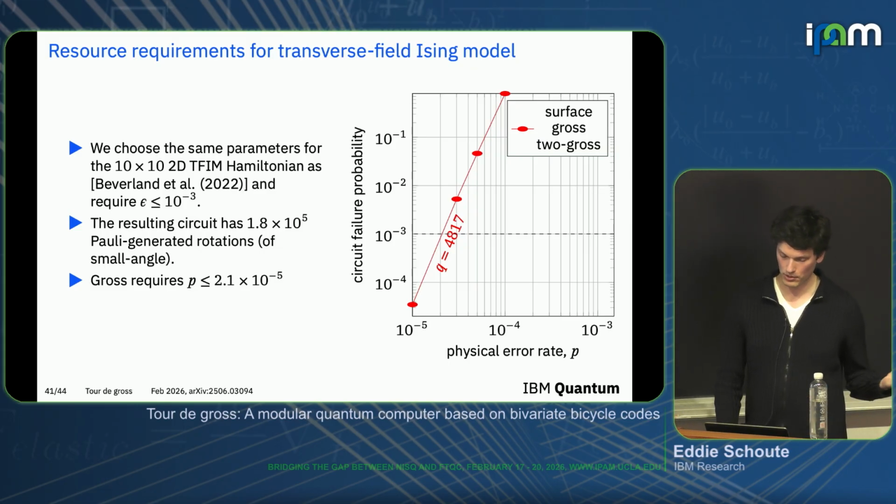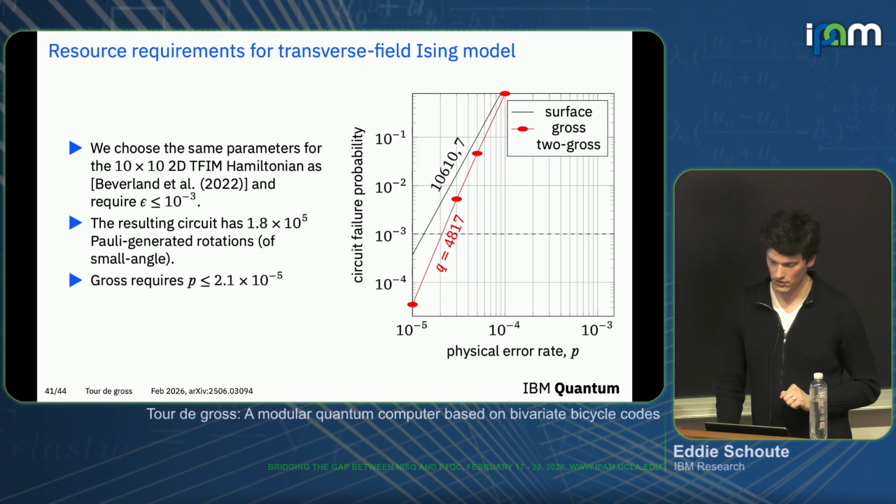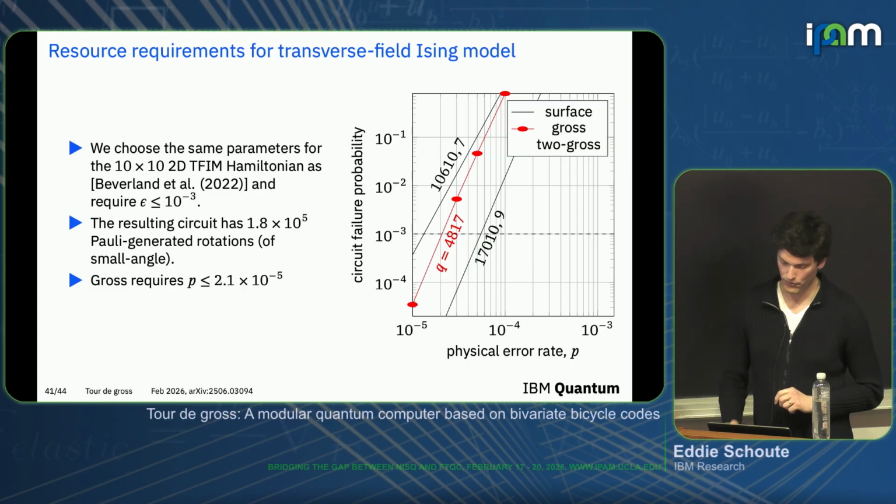The comparable surface code architectures are as follows. So for distance 7 and 9, we get different p-values. But I would like to note that, of course, the qubit count for these architectures is much larger.